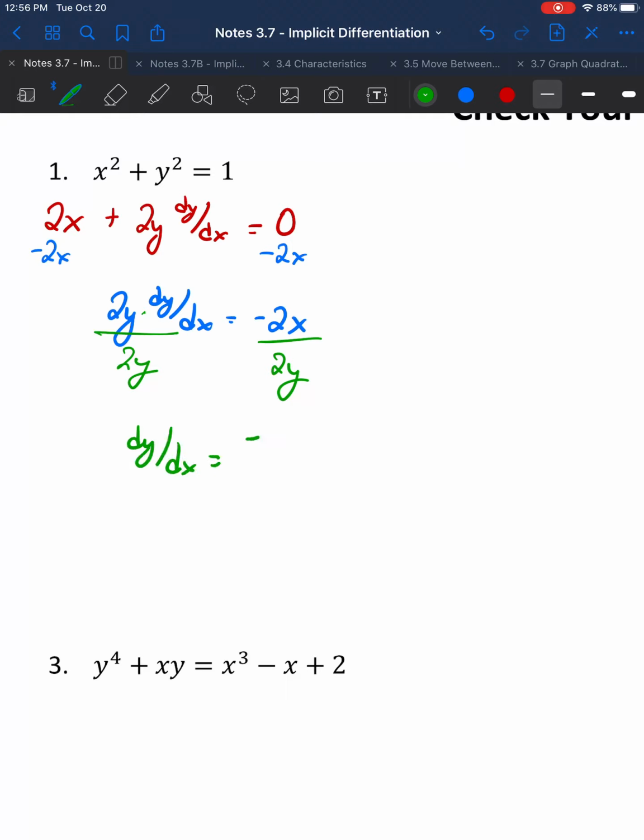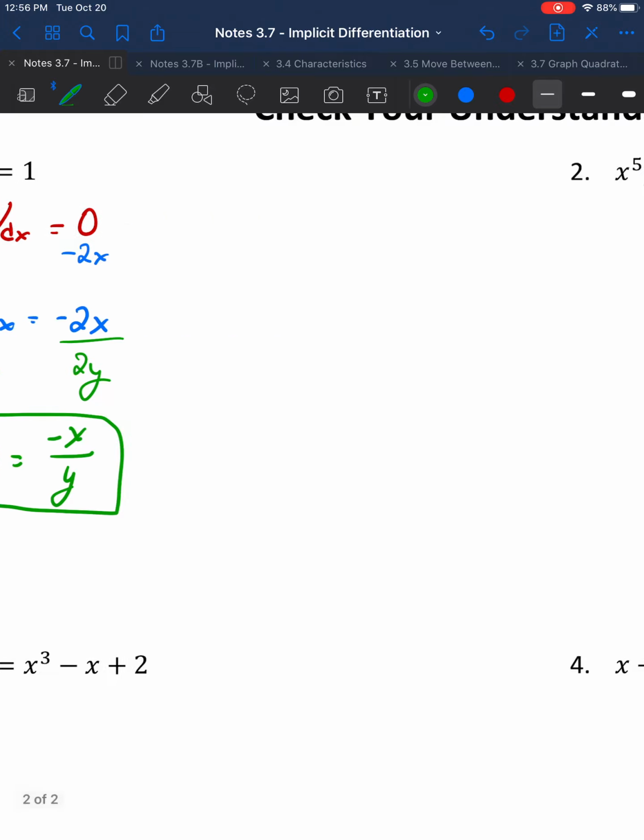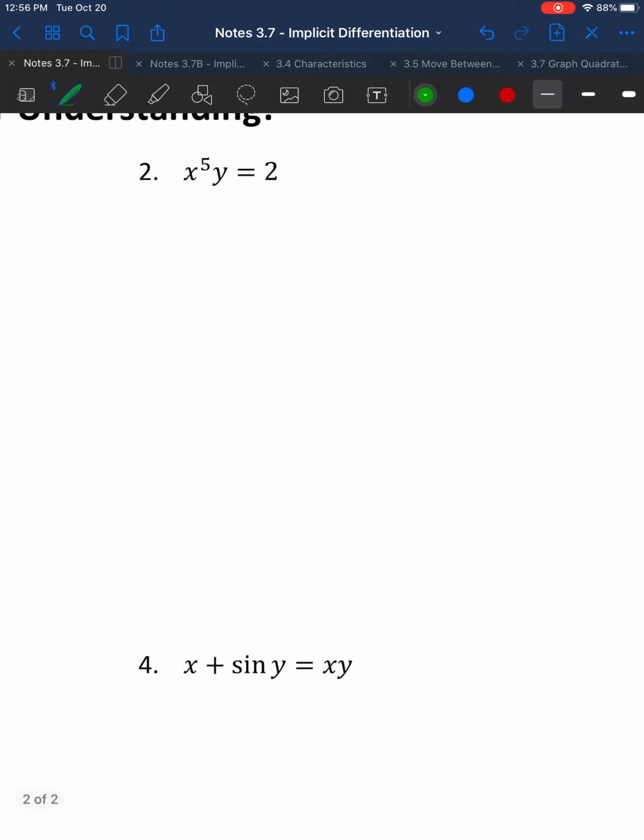It doesn't look as pretty, guys, but all this is algebra manipulation. After you take the derivative, you're just manipulating equations. I need dy/dx by itself. It's being multiplied by 2y, so I'm going to divide both sides by 2y. The 2's cancel, I end up with negative x over y. So the derivative with respect to x is negative x over y.